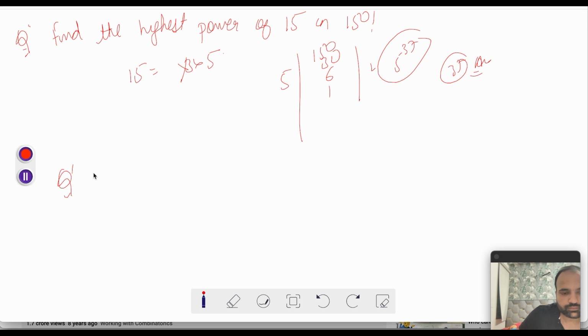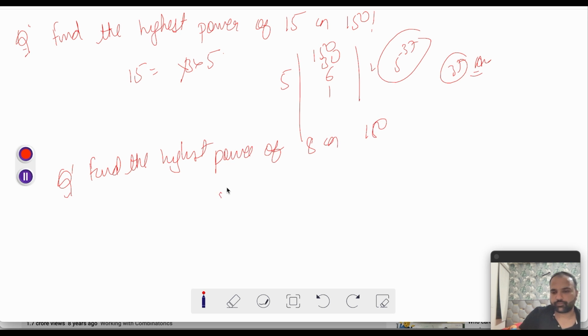That's how easy it is. Okay, we can do this for any number. Find the highest power of, let's say, what do we say, we can take 8 in the same 150 factorial.